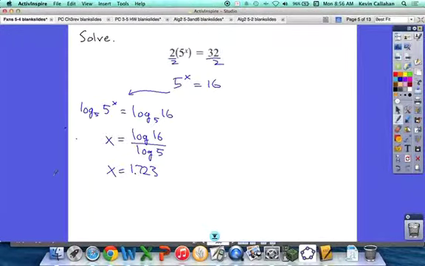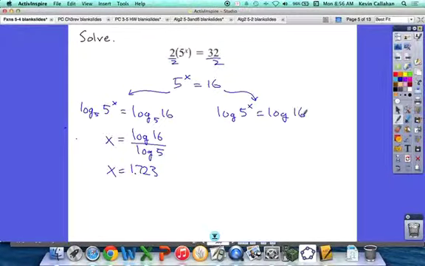Now, instead of taking log base 5, let's just say you take log base 10 at the very beginning. Then we would have it look like this. Log base 10, log of 5 to the x equals log of 16.